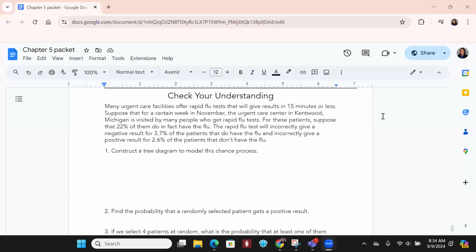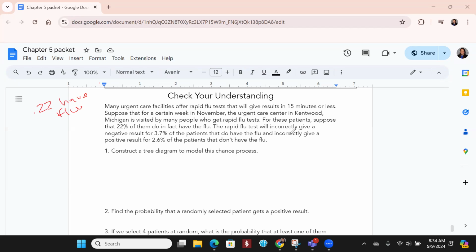Many urgent care facilities offer rapid flu tests that will give results in 15 minutes or less. Suppose that for a certain week in November, the urgent care center in Kentwood, Michigan is visited by many people who get rapid flu tests. For these patients, suppose that 22% of them do in fact have the flu. Pause, 22% have the flu.